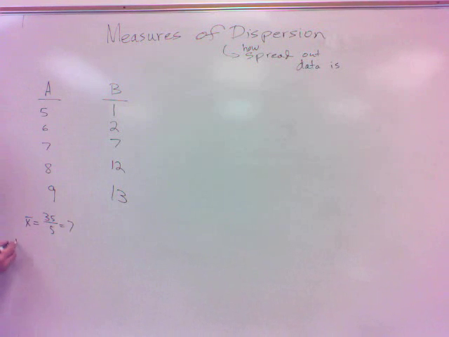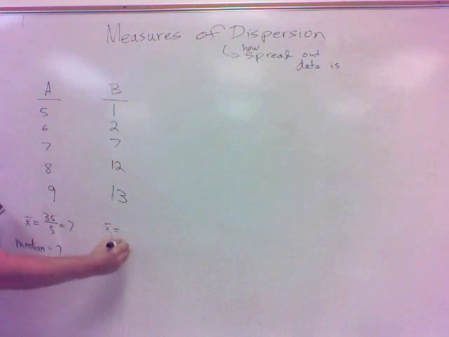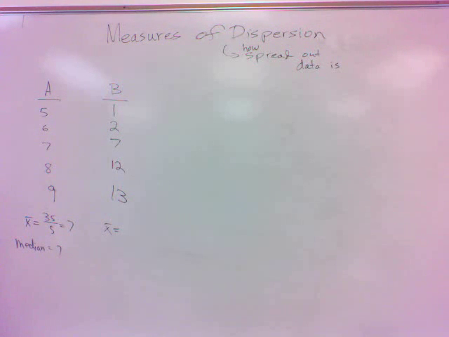What's the median of A? The mean is 7. What's the median? Also 7. It's a little different calculation. The median is just the middle value. It doesn't have a mode, but the median is 7. The mean is 7. What about B? What's the mean X bar of B's values?